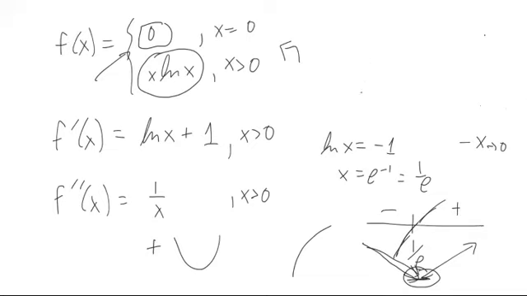The graph is going to start at 0, 0, as we've indicated, and it's going to be continuous at that point. But we also know we're concave up, and we have a minimum at 1 over e, and we can plug 1 over e into this function. We would end up getting negative 1 over e.